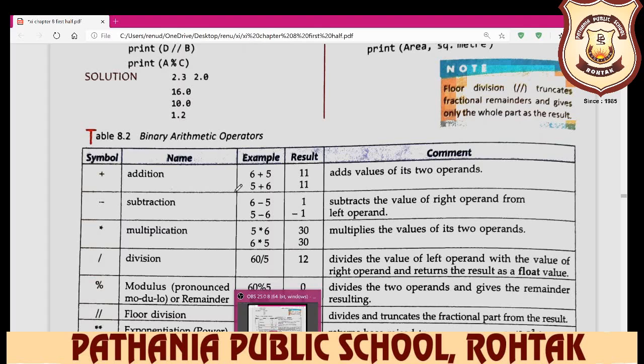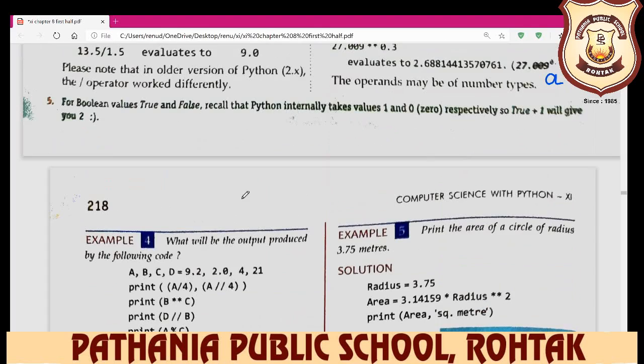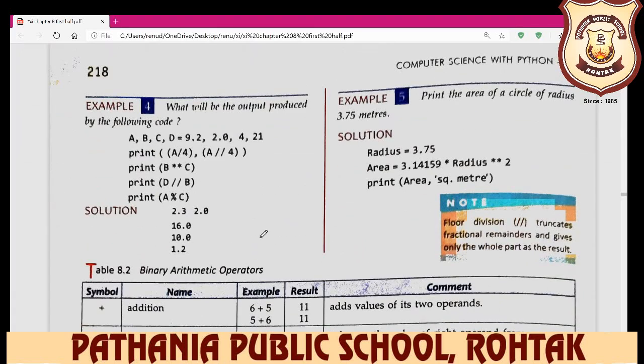See one example here. What will be the output produced by the following code? A is equal to 9.2, and B, C and D are 2.0, 4, 21. So what is the output? A divided by 4.